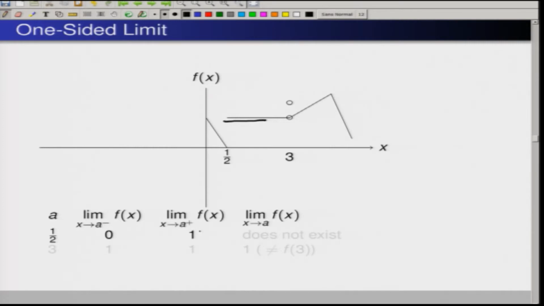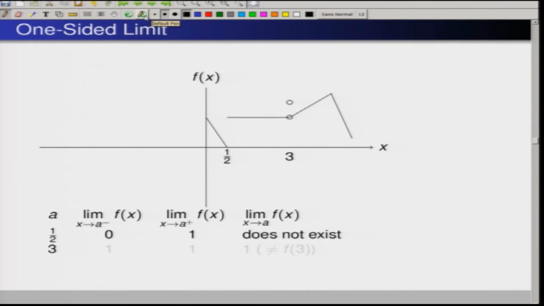Therefore, the limit of f of x as x goes to half does not exist. In order for the limit to exist, the left hand limit and the right hand limit should match. So, the limit is not going to exist at half.